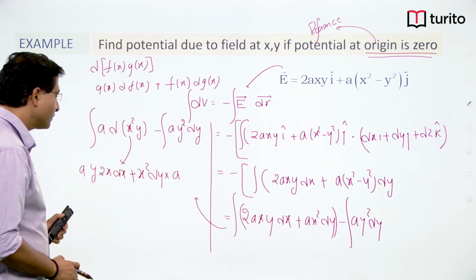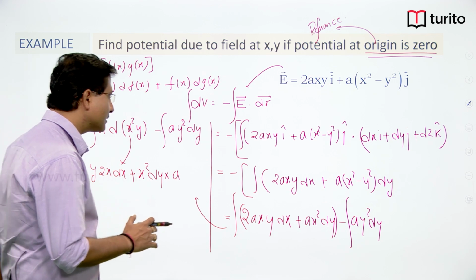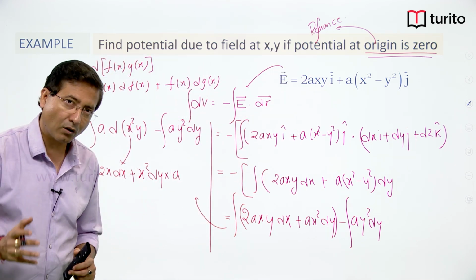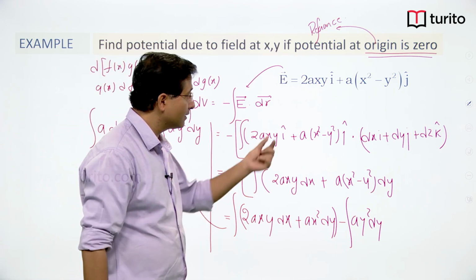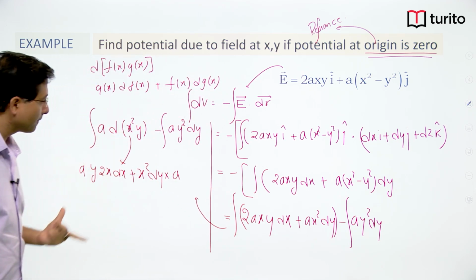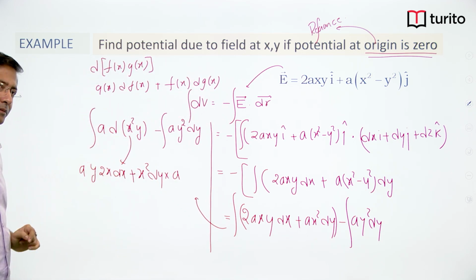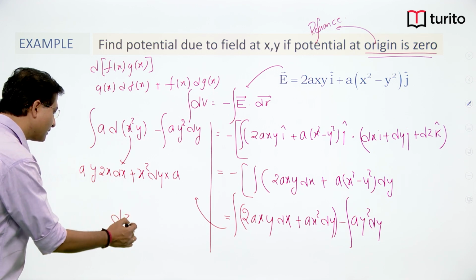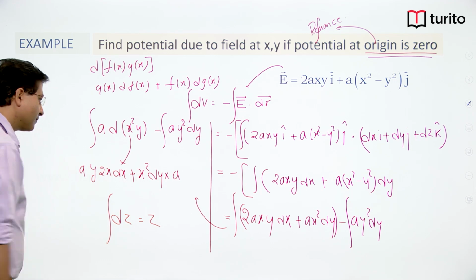So whenever field is given and potential is being asked, you can always convert these terms into a single term. Now there is no problem in integrating this one. Integration of d of z is z only.